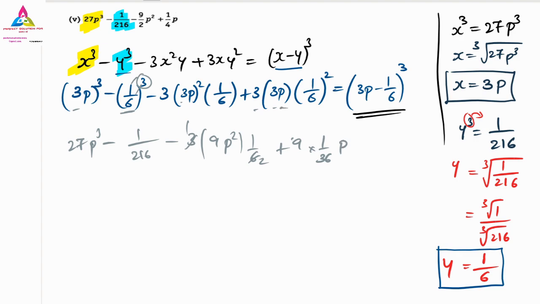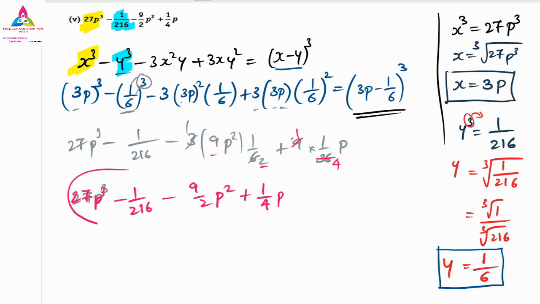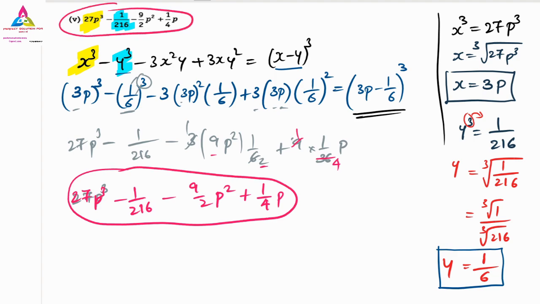So if you calculate correctly, 27p cube, and 216. This is no need to do, but I am saying it for your verification. Here we have 9 divided by 2 p square, plus 9 ones are 9, fours are 36, so 1 by 4 p. Just go through this verified answer and this question, whether both are similar.